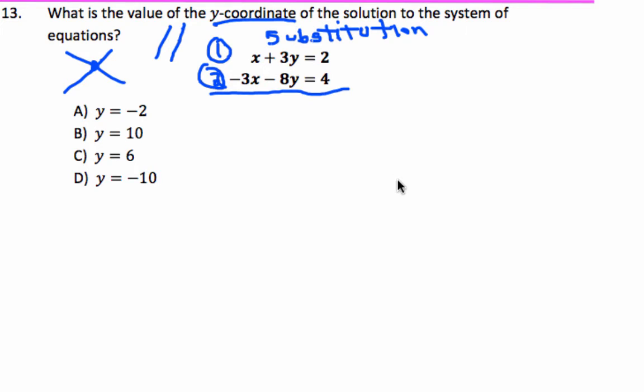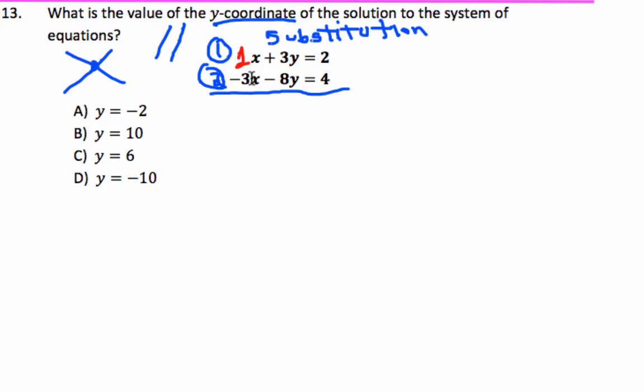The first thing you want to do is solve for the variable you have identified to have a coefficient of 1 or negative 1. Since there's no coefficient written for this x, it's assumed to be 1.